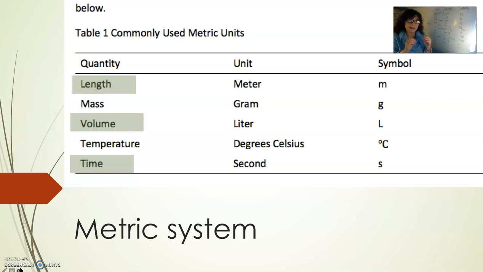In terms of mass, in the metric system, we use the gram as the biological standard. And that is analogous to the English pound, although it's not that precise in science. So we like the gram very much because it measures the amount of matter, and it's easily scalable to kilograms, which are just 1,000 grams.